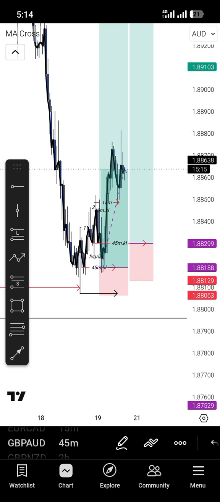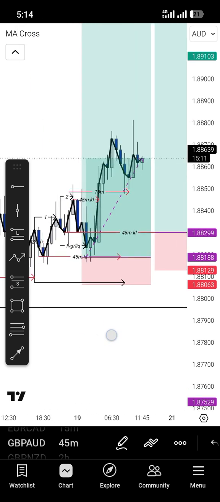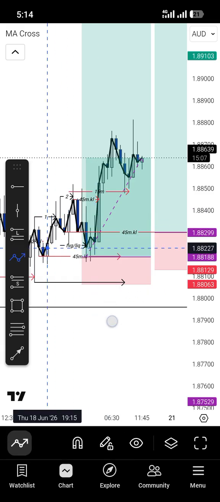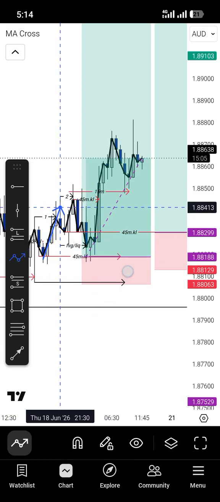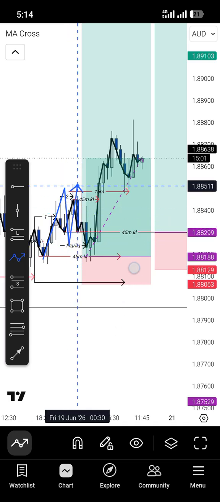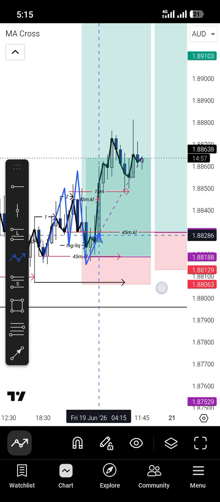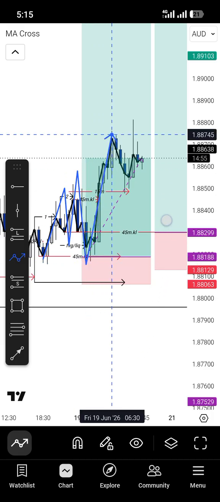But as the price is going, we are still reading the market, right? Now remember, there was a key level that was here. When price was going up like this, price came like this, went up and swept here. Okay, maybe I should just show you.